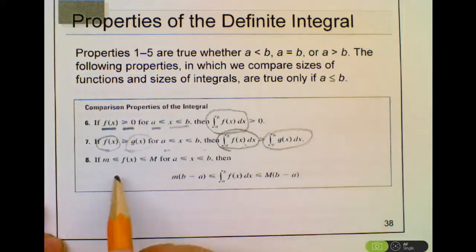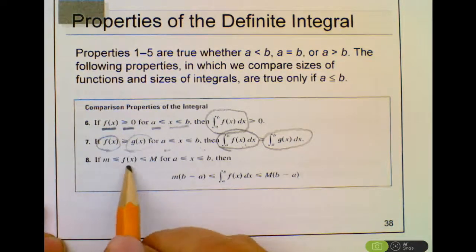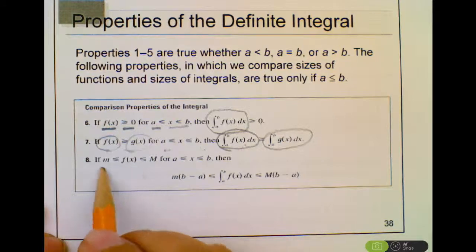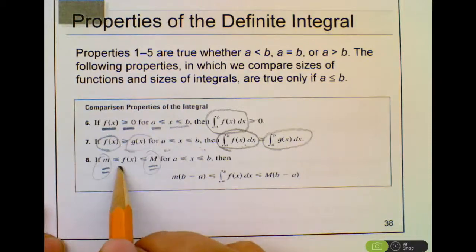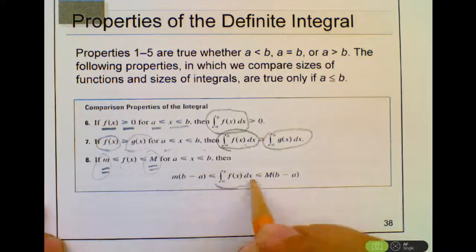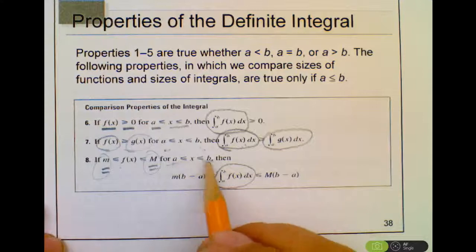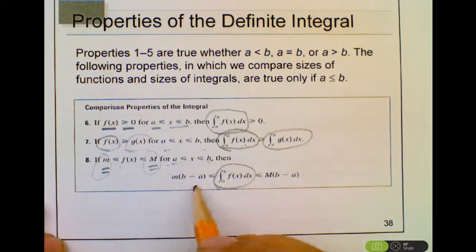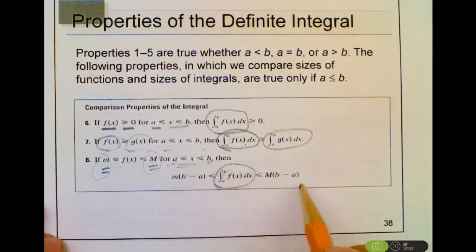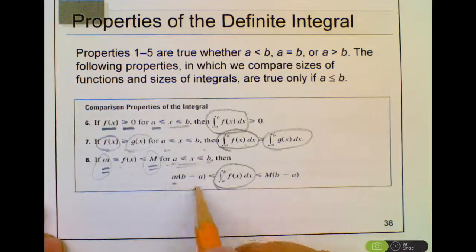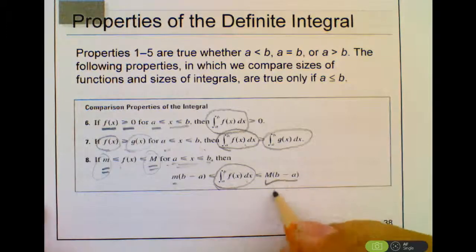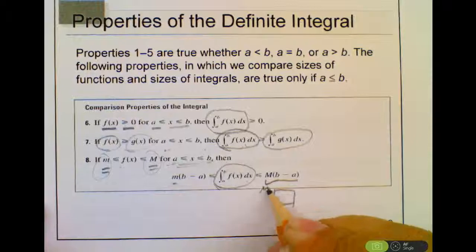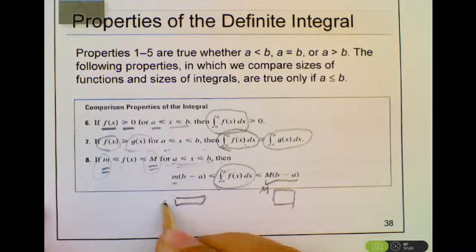And then it says if there is a function f for which I can find two numbers, one that is the lowest and one that is the highest for f, then definitely the integral between these two values of x is going to be bigger than the area generated by the difference of these numbers multiplied by that low number, and definitely it's going to be less than this, which is the area of the rectangle formed by big M, and this is the area of the rectangle formed by small m.